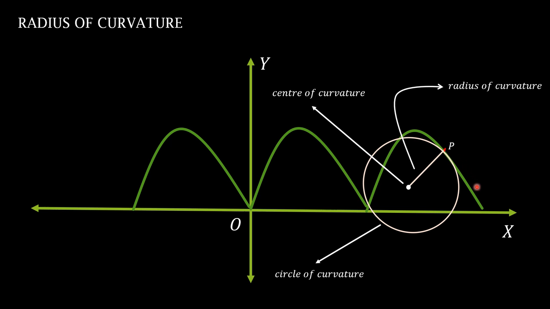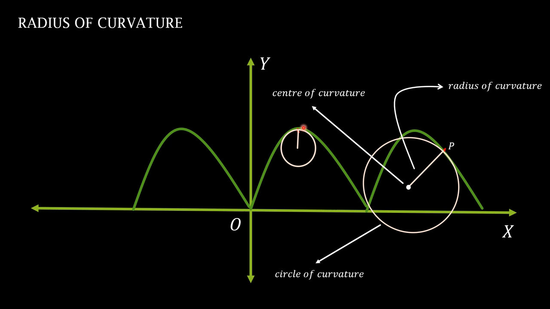And larger the bending of the curve, smaller will be the osculating circle. That means, say suppose at this point, since the extent of bending at this point is comparatively high, or I can say that the curvature is more at this point, this results in a smaller osculating circle, as a result a smaller radius of curvature.